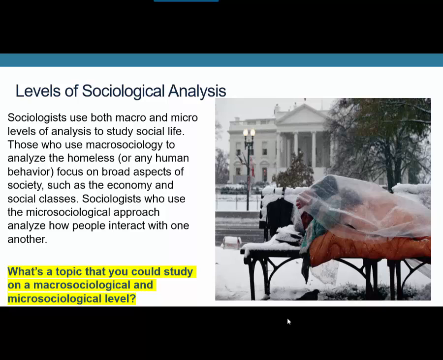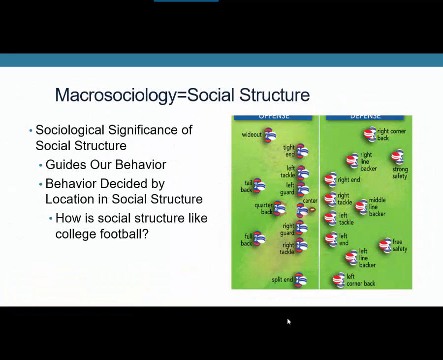You might study how they think about themselves, how they perceive their place in society. All of that would be an example of microsociology. And it's worth noting that almost any topic can be approached from a macrosociological or microsociological lens, regardless of whatever topic that is.